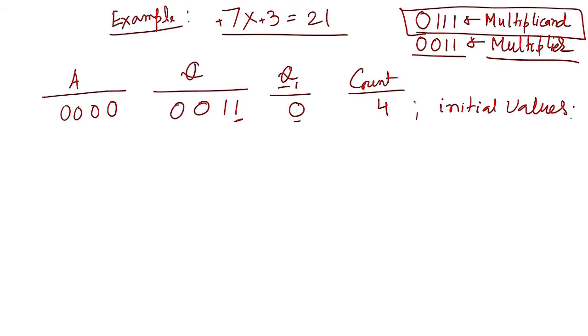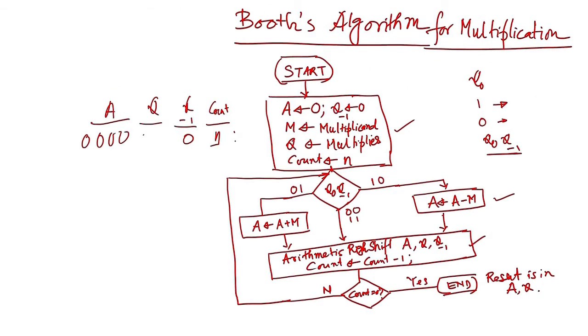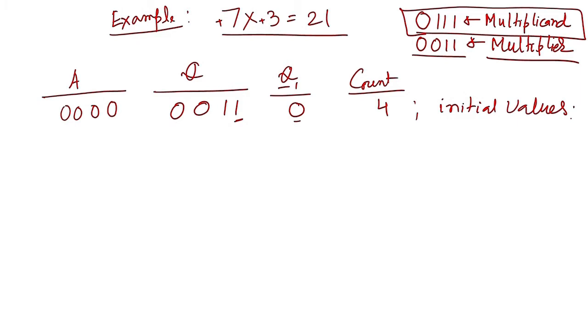We can see it here: if it is 0 1, we are subtracting A equal to A minus m. A minus m is equal to A plus 2's complement of m, right, we know.